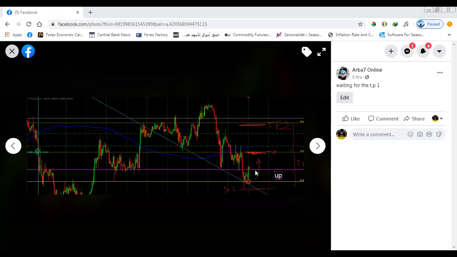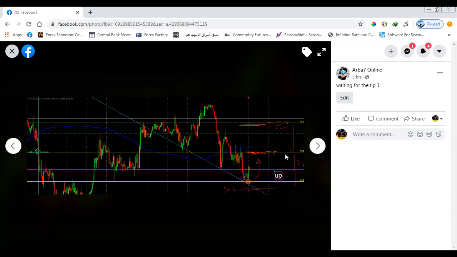Okay, so here is the euro dollar, and we were writing the take profit one on the level of 55. This is the stop loss. The price will go up here and take the first take profit.